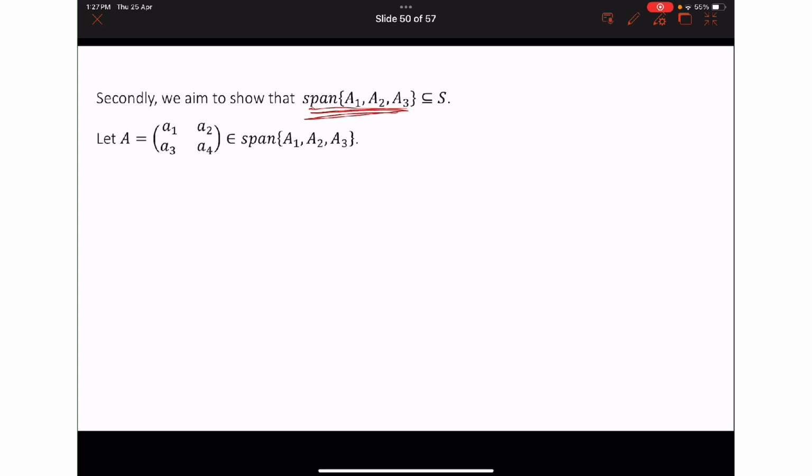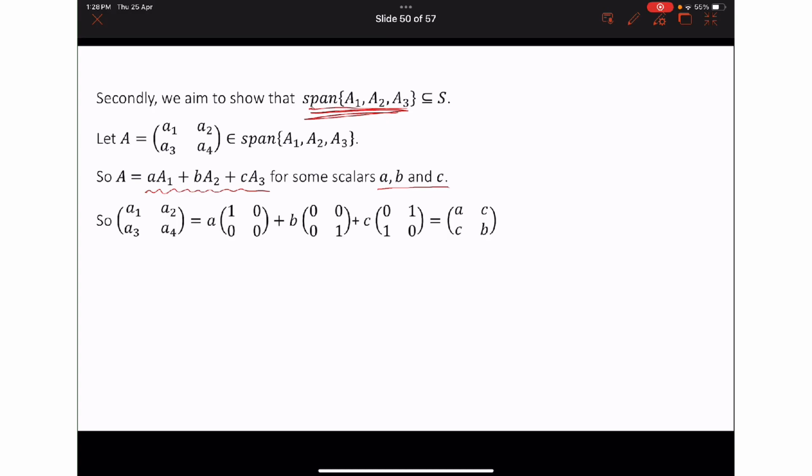Since A is in the span of A1, A2, and A3, A is a linear combination of A1, A2, and A3, and therefore A can be written as here, for some scalars A, B, and C. That means we assume that scalars A, B, and C exist such that A is equal to this summation. We have to show that A is an element of S.